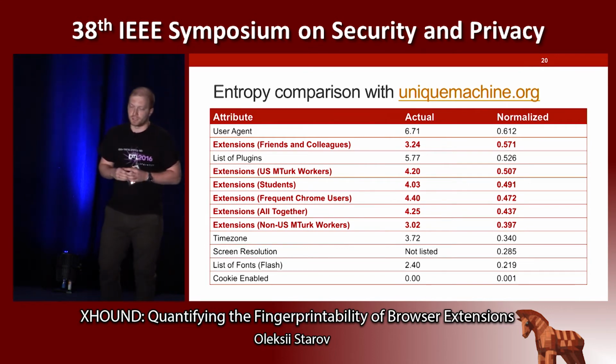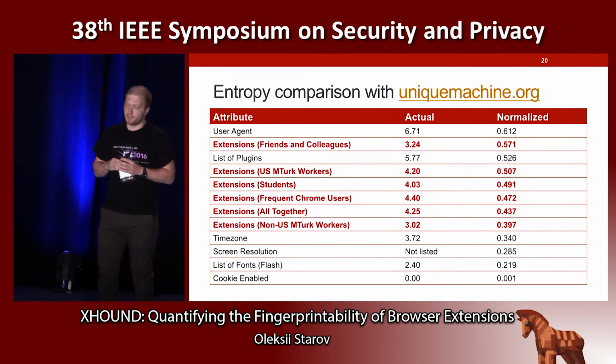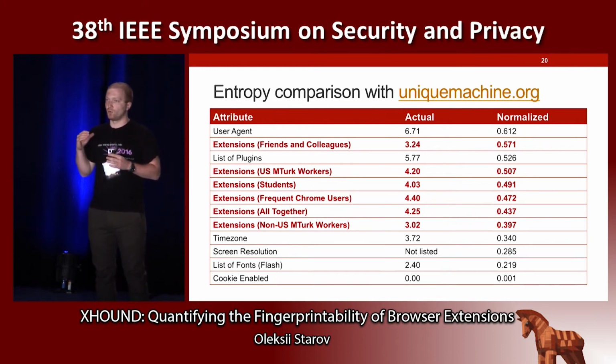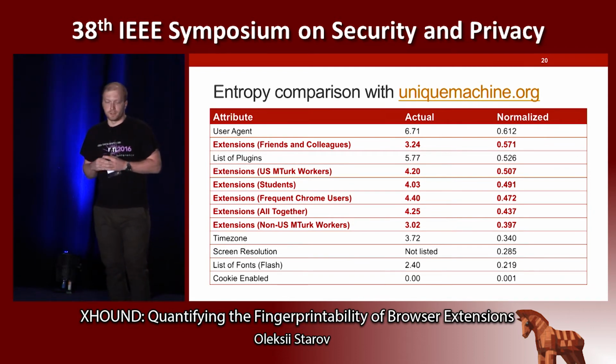On this slide, you can see the normalized entropy and actual entropy of what we got with extension-based fingerprinting. We also compare our results with uniquemachines.org, with results that they reported in the recent NDSS 2017 paper. The surveyed audience sizes are pretty close, and that's why we leverage that to compare.